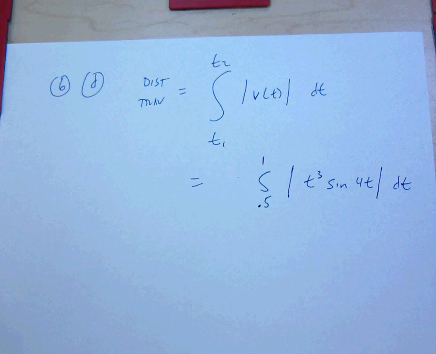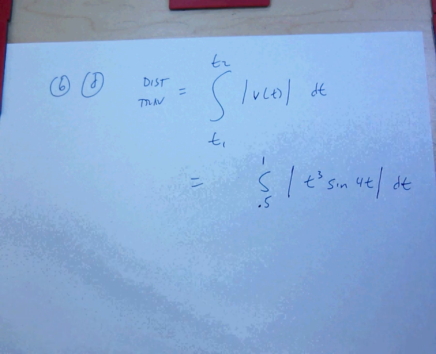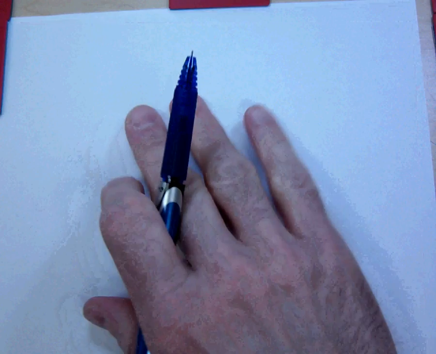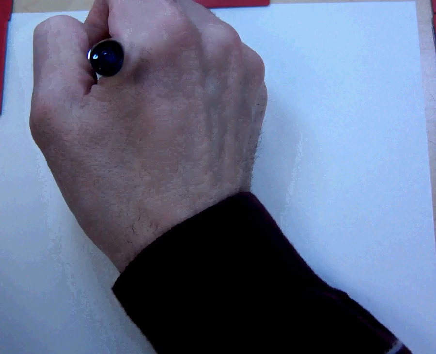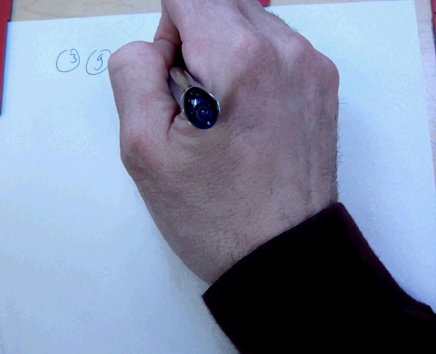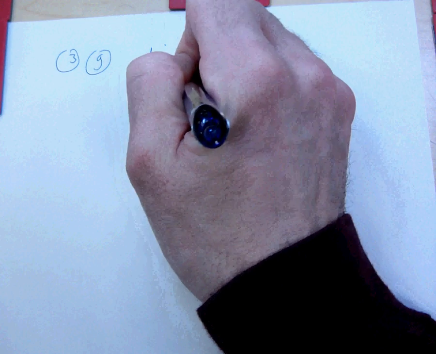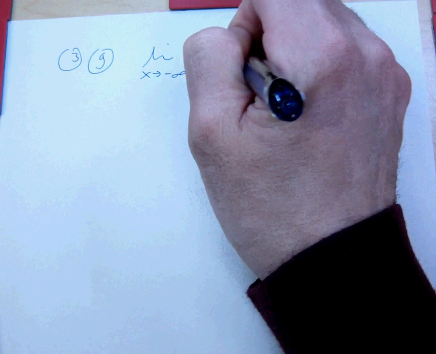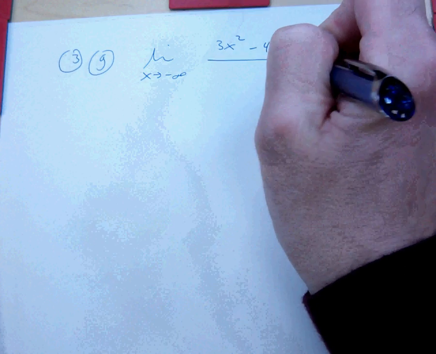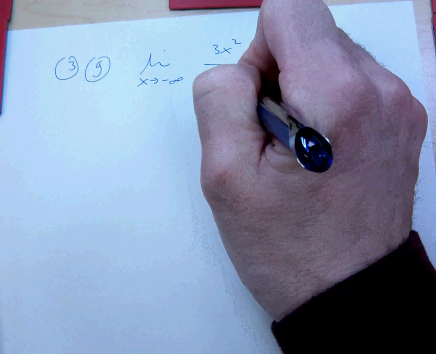Okay, what else? 3G. All right, let's look at 3G. When you're taking a limit as x goes to infinity or negative infinity, isn't that when you look at the degrees and the coefficients, if you need to? Yes? Okay, so the first thing you do is look at the degrees.